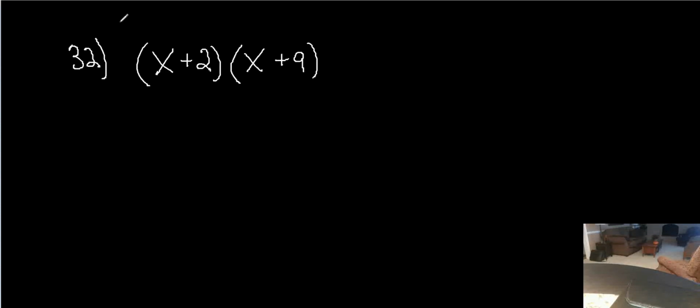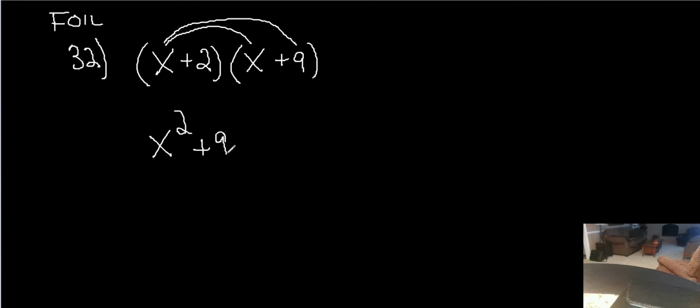Number 32: I'm going to multiply these two binomials. So I can think in terms of FOIL if you want, when two binomials are multiplied together. That's going to be x times x, which is x squared, plus outside, which is x times 9, which is 9x, plus inside, 2 times x, which is positive 2x, and last is 2 times 9, positive 18.